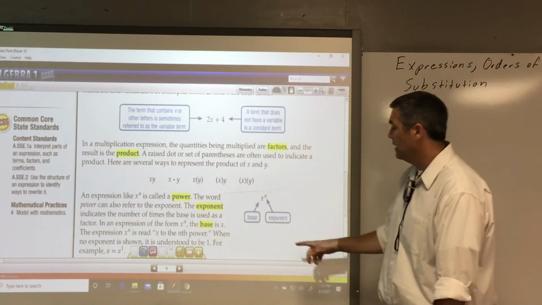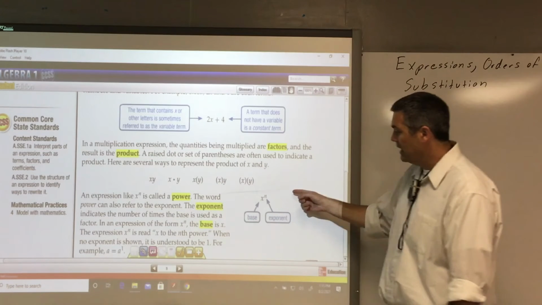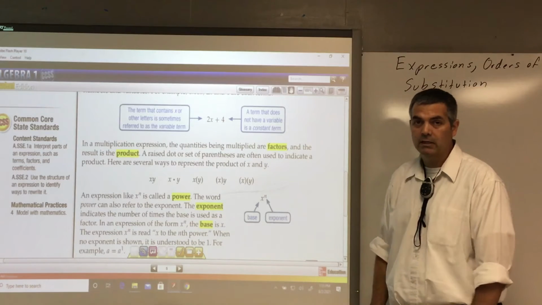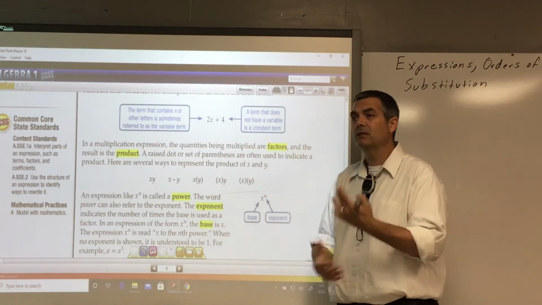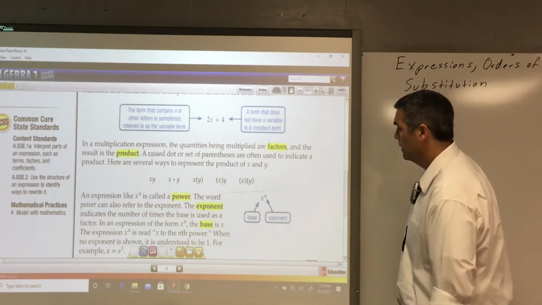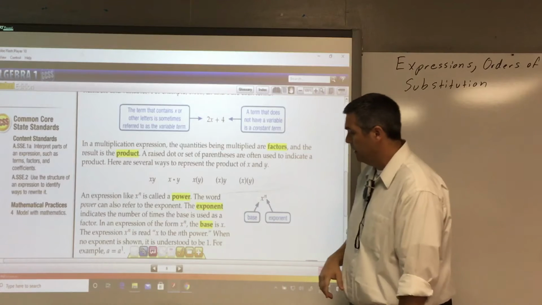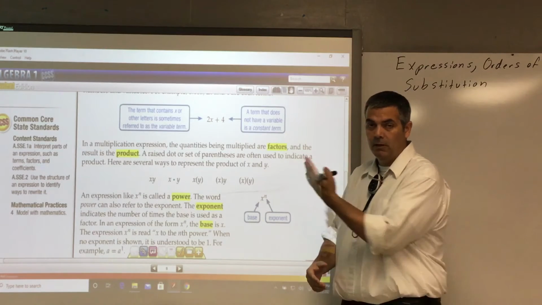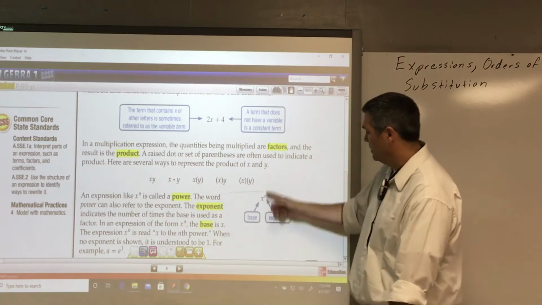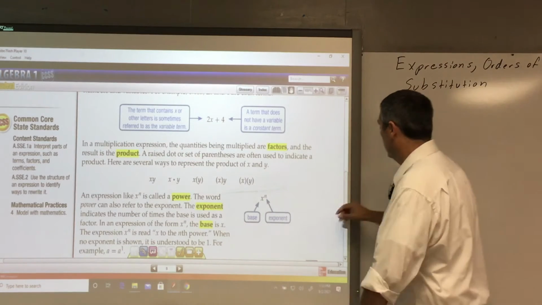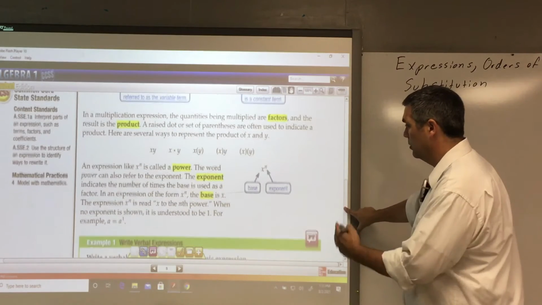What the exponent tells us is how many times you multiply the base by itself. I'm going through this fast because this is kind of a review video and you should have already seen this before. The base is the number you multiply times itself, however many times the exponent says. This whole thing is the power.